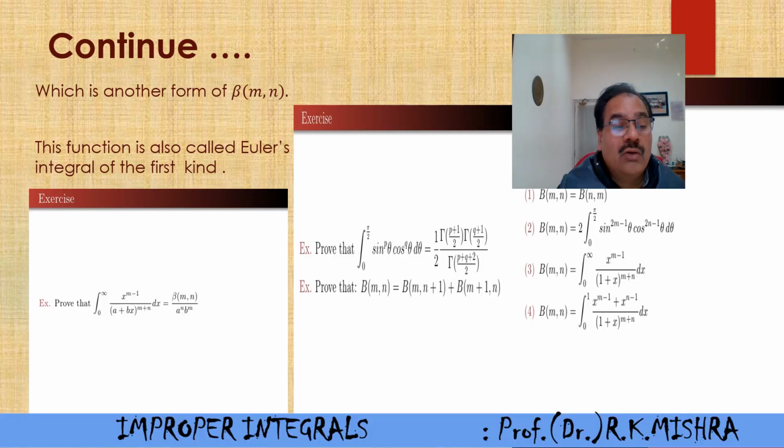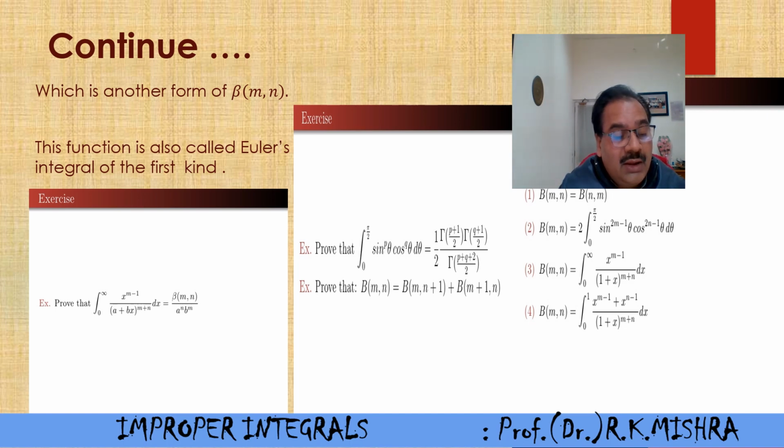These are very important results, and we will prove them in the next PPT. This is another form of beta mn, also called Euler's integral of the first kind. The polar form which we have written is also called Euler's integral of the first kind.